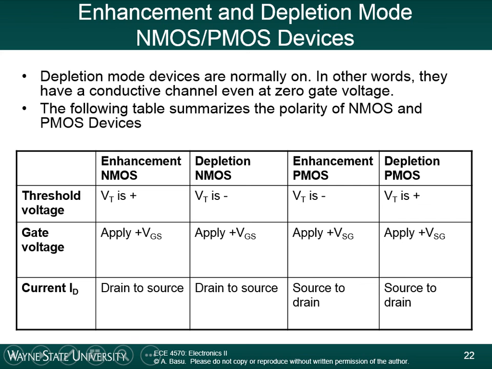The threshold voltage is positive for a depletion mode PMOS device. And in both cases, you apply a positive source to gate voltage, and the current flows from source to drain rather than from the drain to the source. So make sure you keep these 4 types of devices different, and be able to differentiate between them.